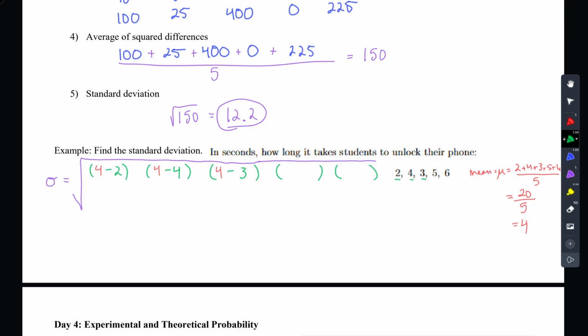I could do the mean. Well, I'm not going to do the mean first because I'm going to avoid the negatives. I'm going to go 5 minus 4. Or wait, shoot, I messed up the colors. This would be 5 minus the mean 4. And then this one would be 6 minus the mean 4. So that's the second step, is when I'm like subtracting them all. Okay. So that was step 2.